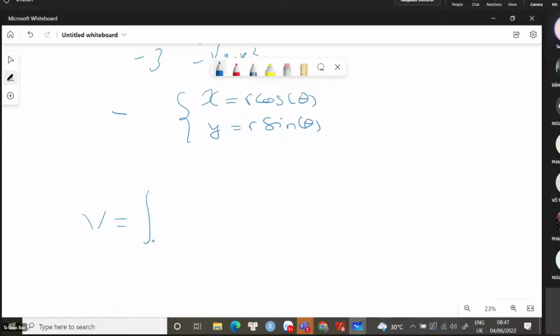Now is the integration from 0 to 2 pi, and integration from 0 to 3 of square root of 19 minus r power 2 minus square root of 1 plus r power 2.